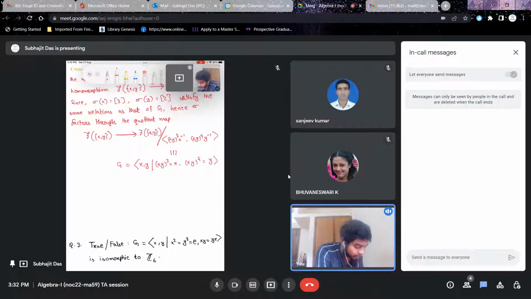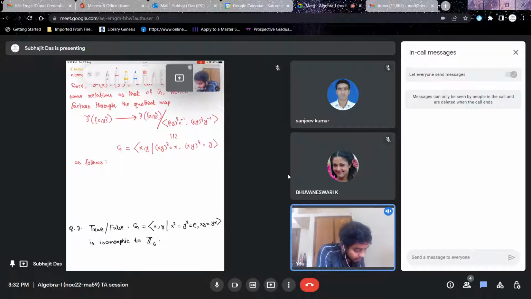So the factoring is as follows. We get a commutative triangle as before: {x, y}, Z6, you have this projection, this quotient map, and you get this map from G to Z6, right?